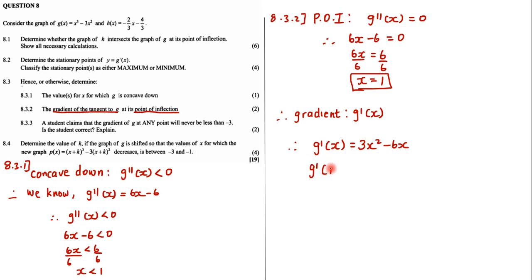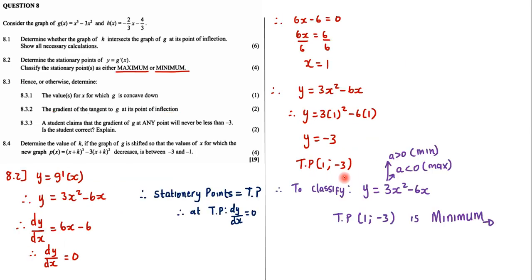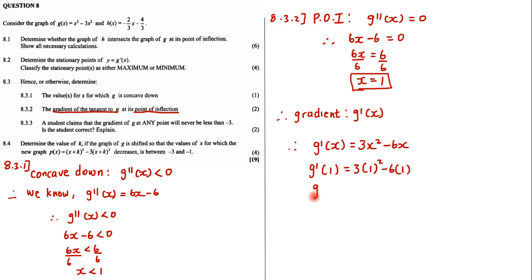So g prime of 1 is 3 into 1 squared minus 6 into 1. When we press this in our calculator, we do the same thing as before because we had already calculated this. So g prime at 1 is equal to minus 3. Therefore, our gradient of the tangent at the point of inflection will be minus 3, and that is our final answer.